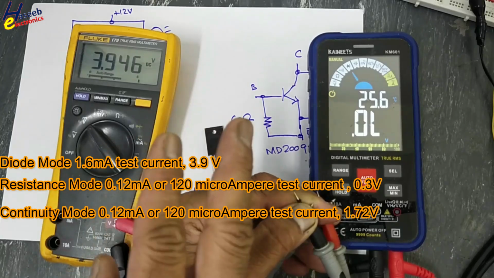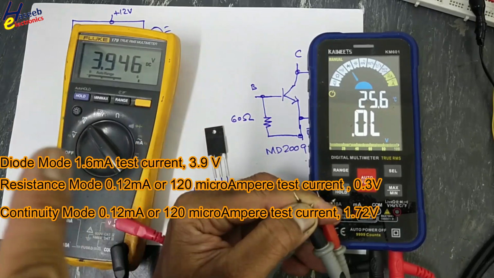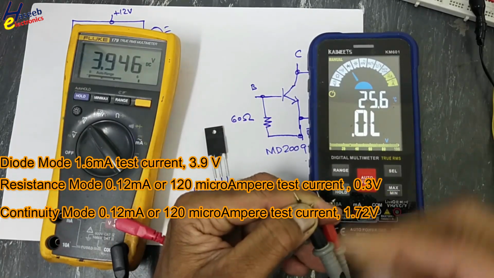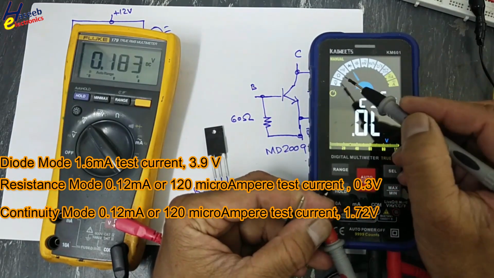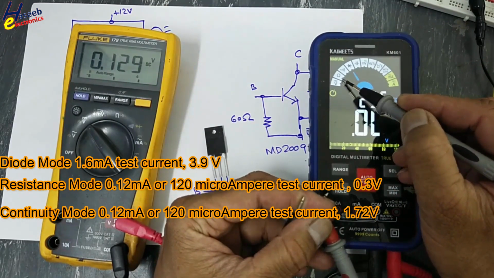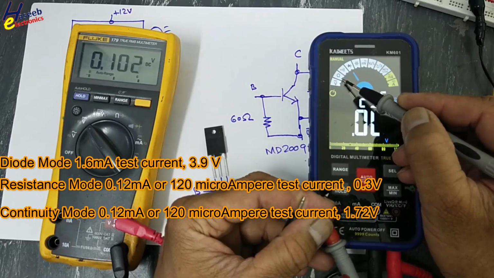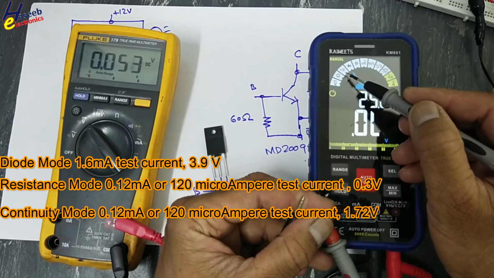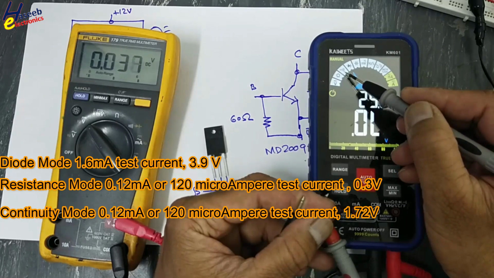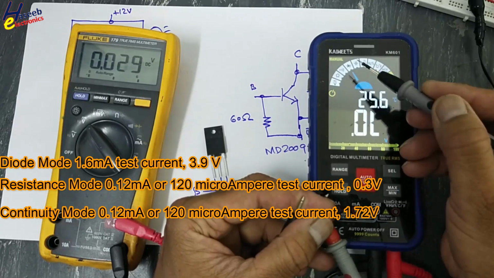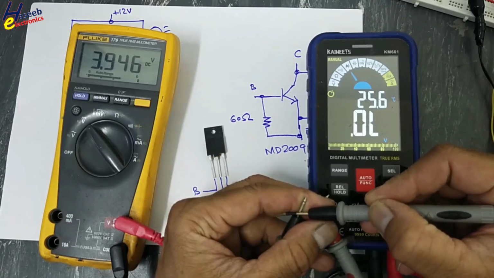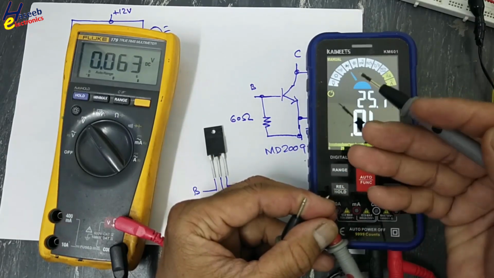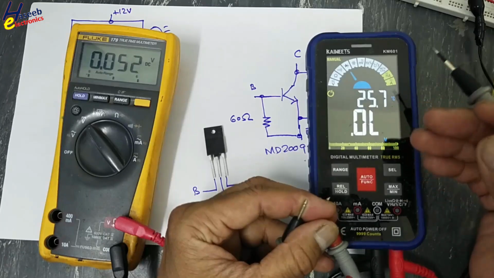So this is the difference in voltage and test current. Here in resistance mode, 0.3 volt, 0.12 milliampere. Continuity, 1.7 volt, 0.12 milliampere. Here 3.9 volt, but the current is high, 1.6 milliampere.